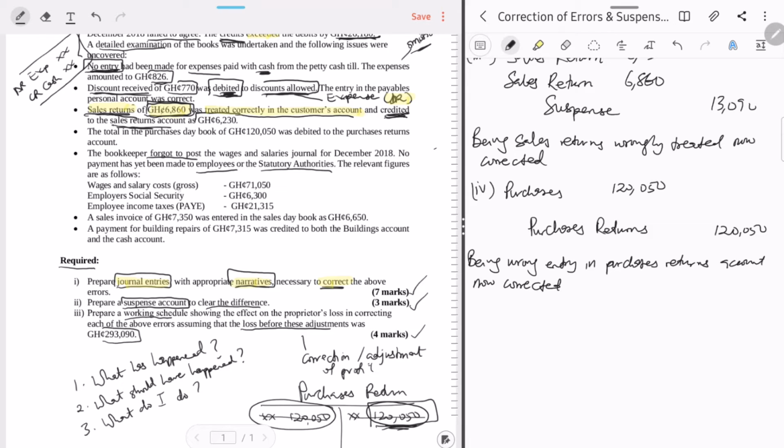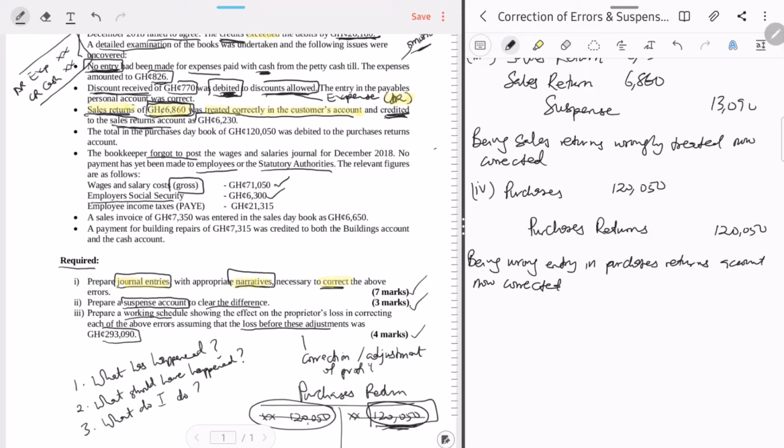Wages and salary costs. This is gross. Gross means the whole amount without deducting taxes or any other deductions. 71,000 is the figure. Then employer's social security. This is the cost to the employer of contributing for their employees, so this is an expense for the employer.